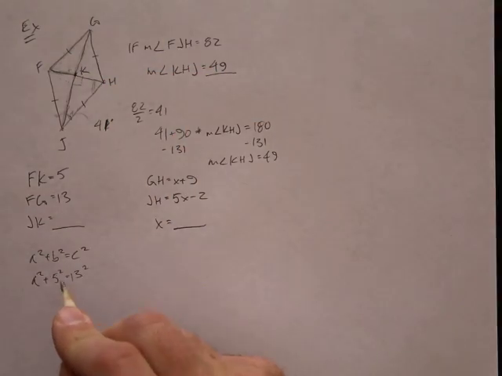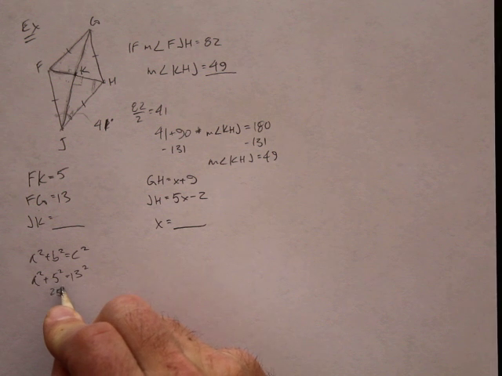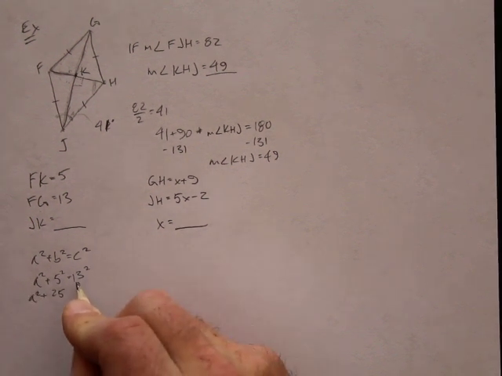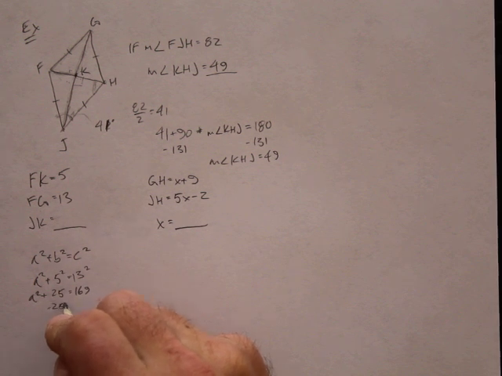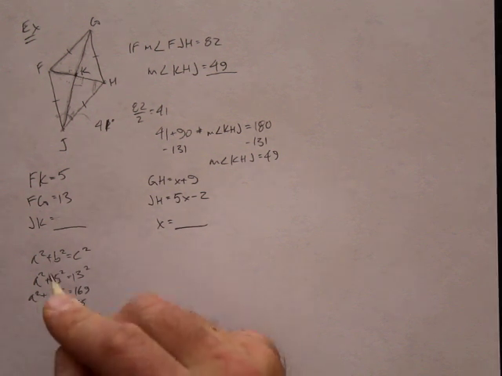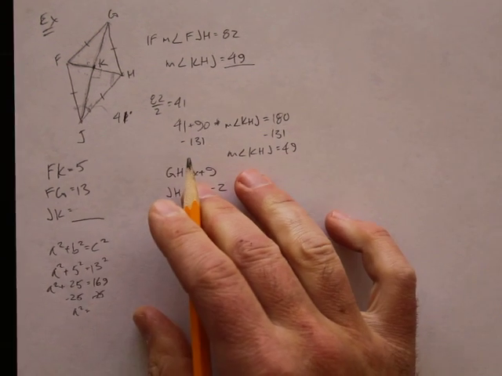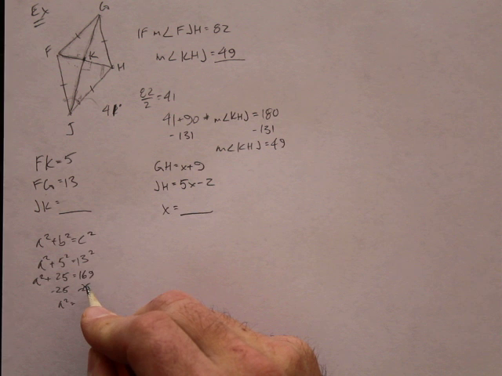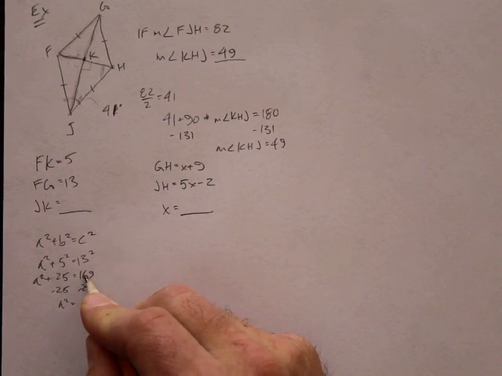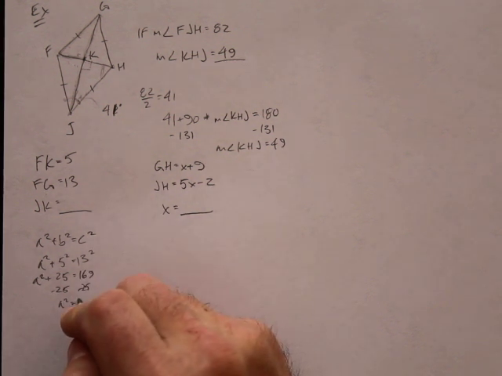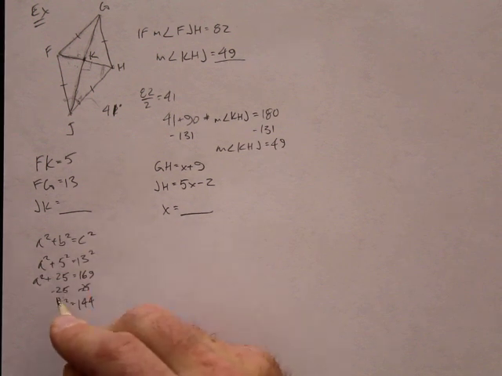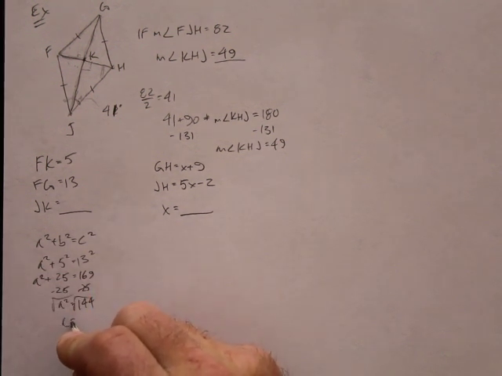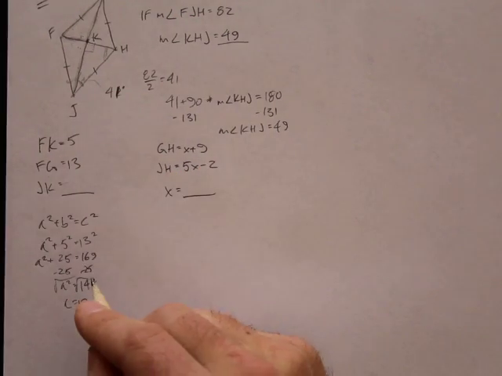Okay, so this is 5 times 5, which is 25. 13 squared is 169. I'm going to subtract 25 from both sides. A squared equals 169 minus 25, so that's 144. Take the square root of both sides. A equals 12. Square root of 144 is 12.